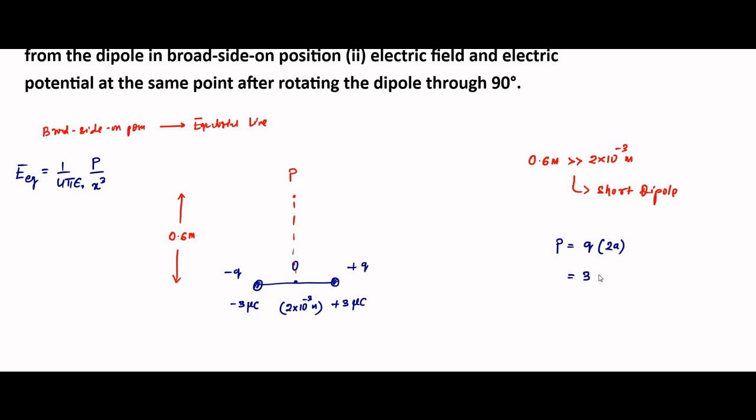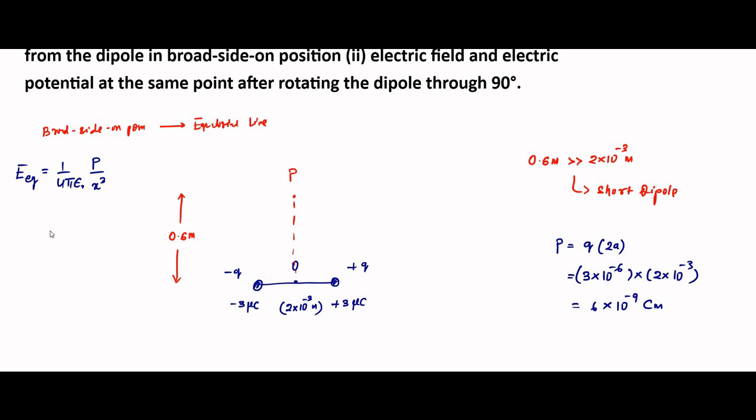So that is 3 into 10 to the power minus 6 into 2 into 10 to the power minus 3, equal to 6 into 10 to the power minus 9 coulomb meter.